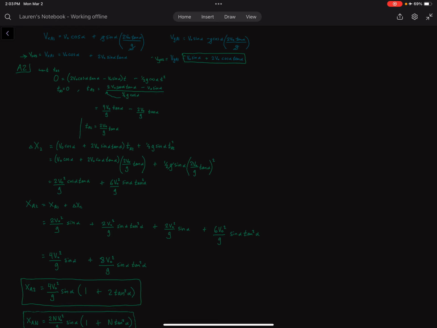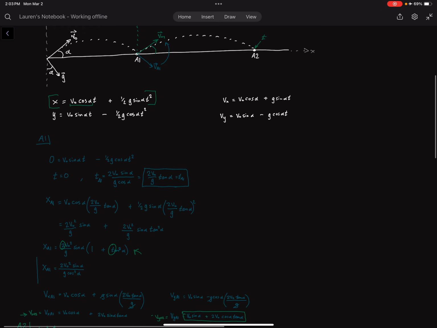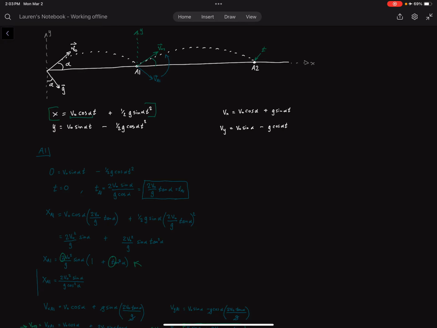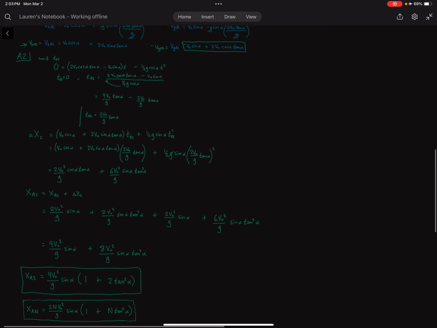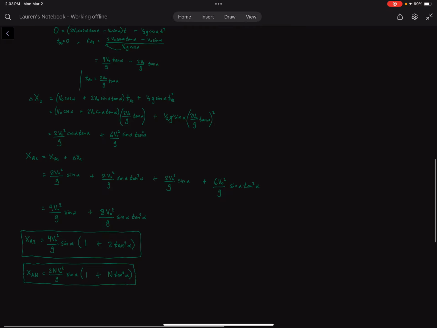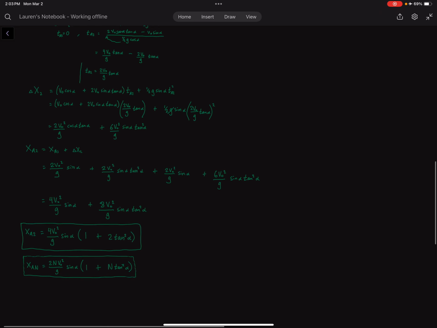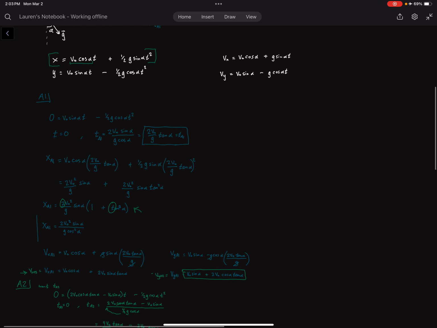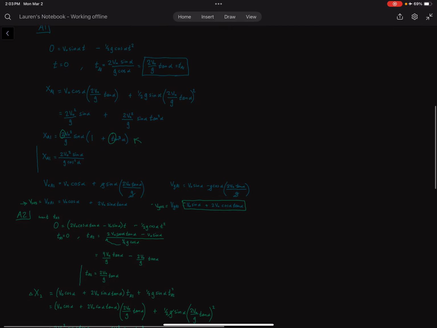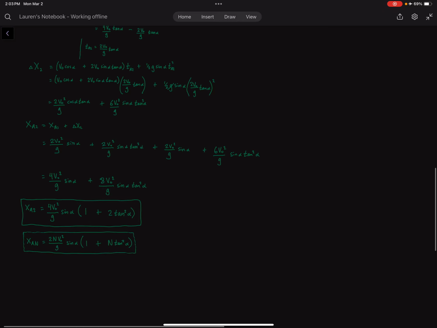And then we took that t and plugged it in for the final x position for that distance from A1 to A2. And then we tacked on also the distance from the origin to A1, and it's simplified so beautifully. And then just noticing from one to the next, we got our n number of bounces equation.